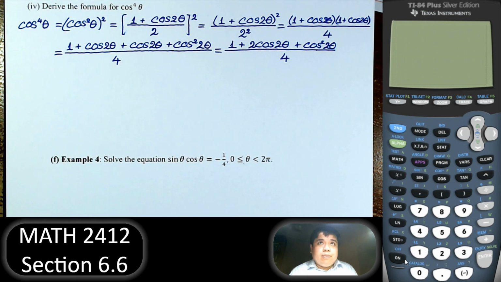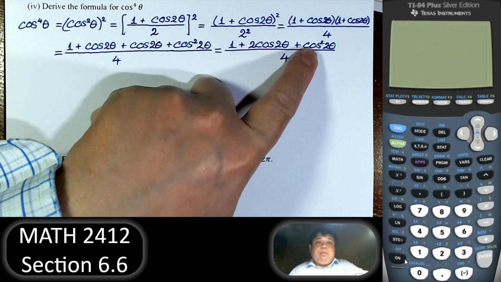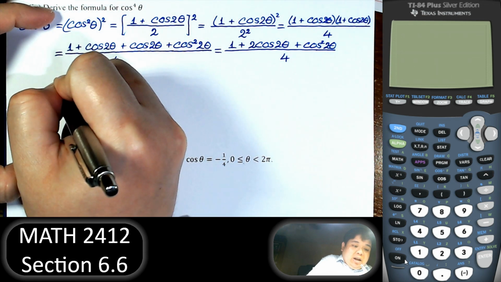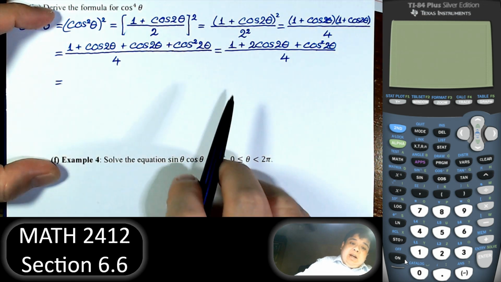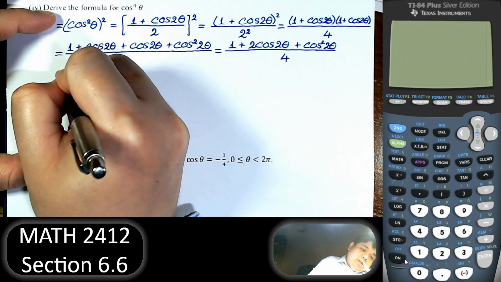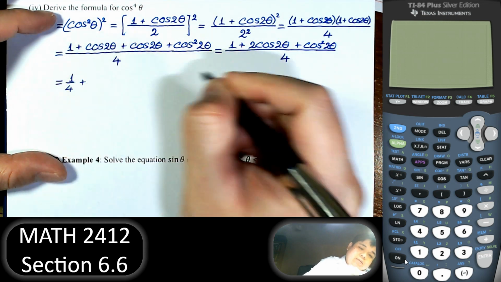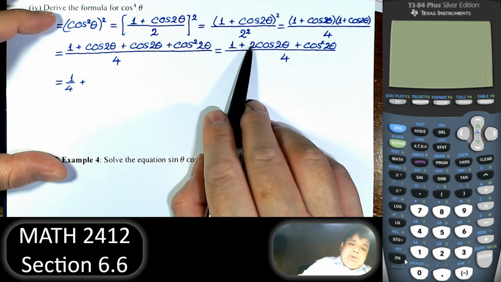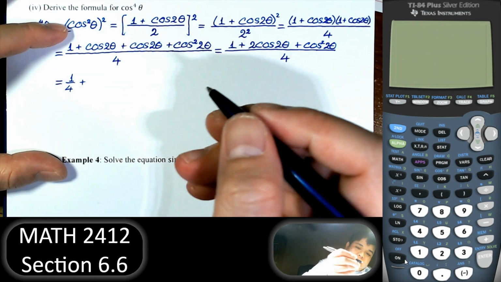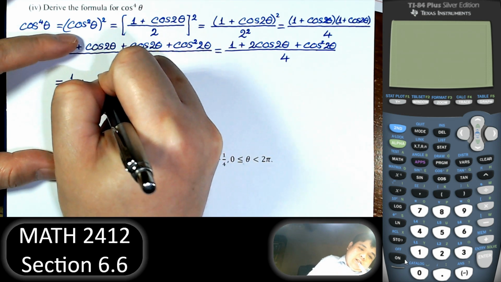Now, of course, we have cosine square, which we still can break out further. That's, again, power reducing as well. But before we do that, I will split 1 over 4, and then 2 cosine 2 theta over 4. 2 and 4 cancel out. I just write this.